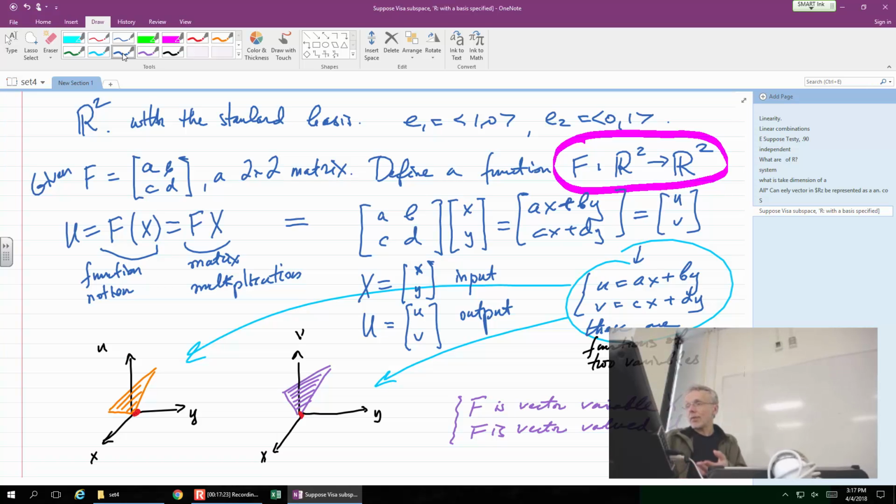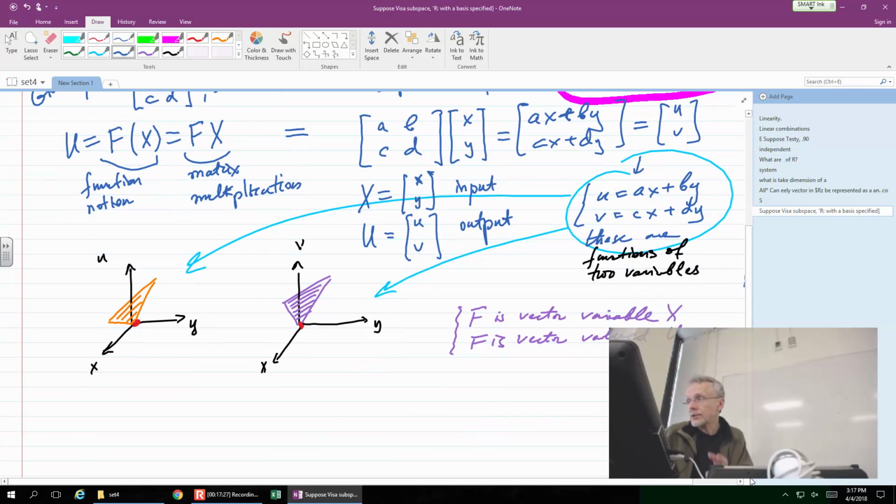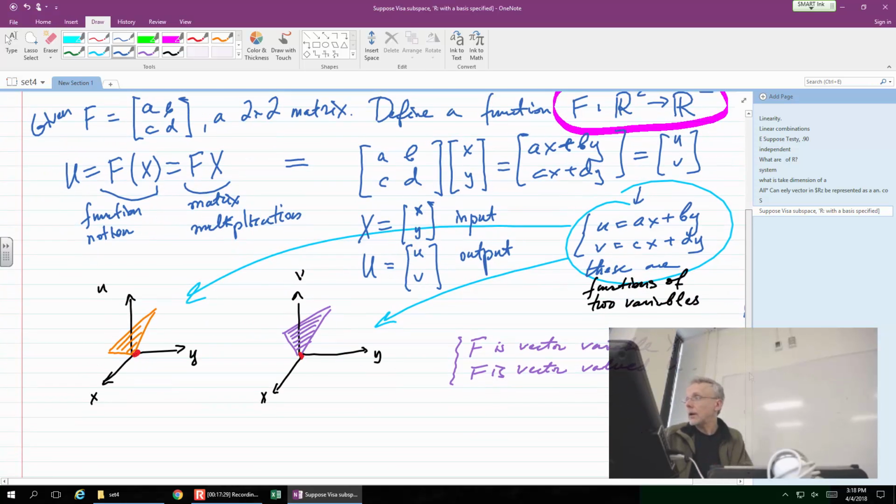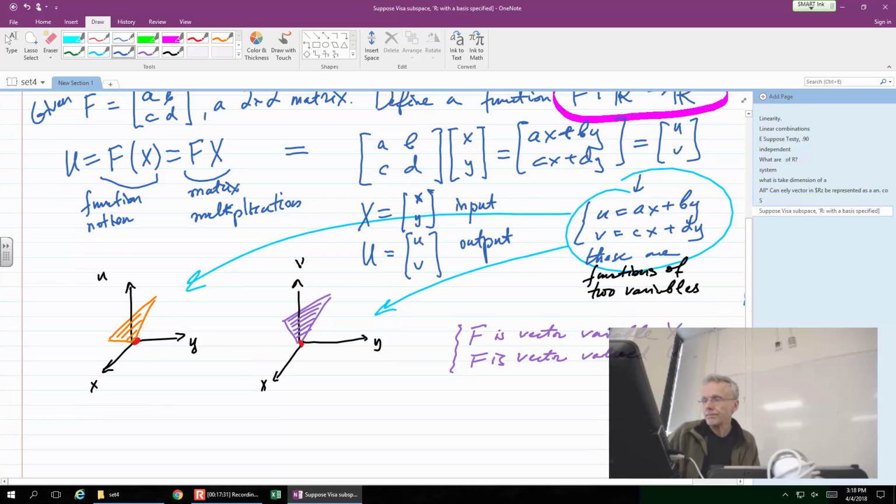Do you see that this is a linear function? Not just any function, but the linear function. f is a linear operator, as it has been defined.